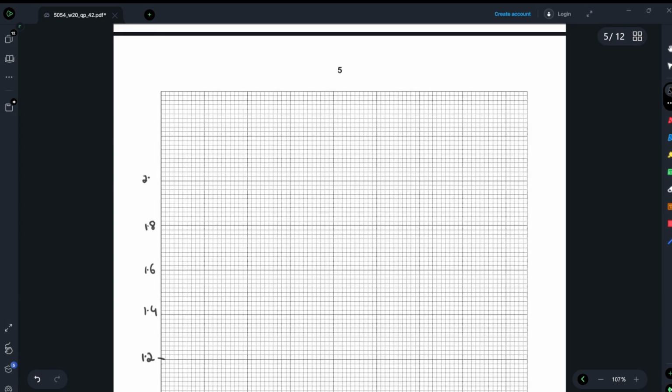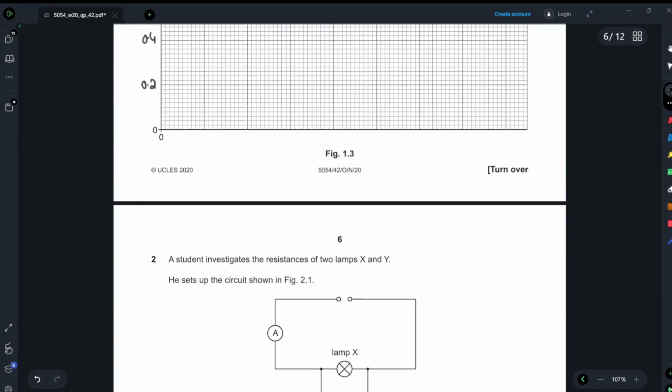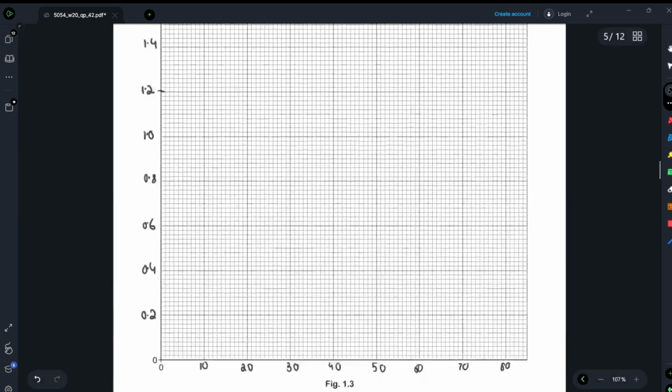Like I said, it's a huge graph. 2.2 and 2.4. Alright, and over here I've got to go with 10, 20, 30, 40, 50, 60, 70, and 80. That essentially makes sure that I've used an appropriate scale so far.